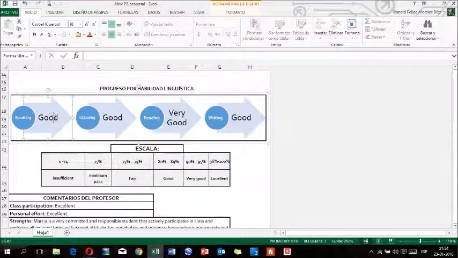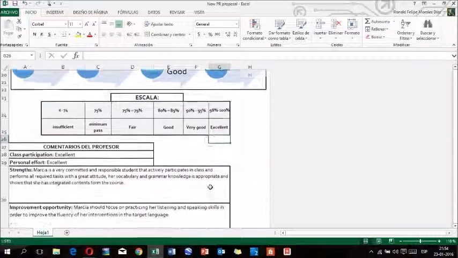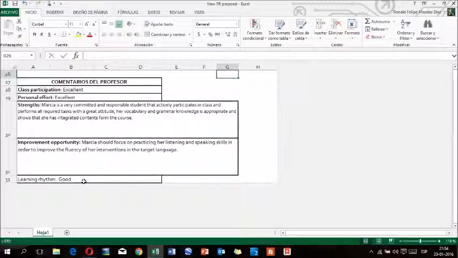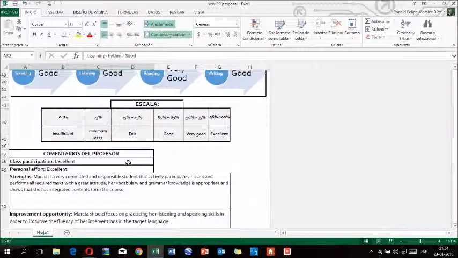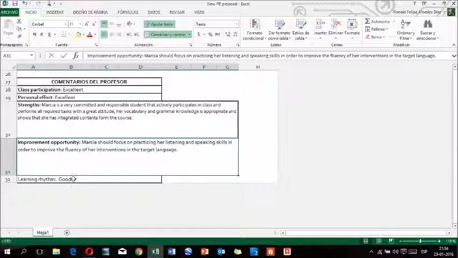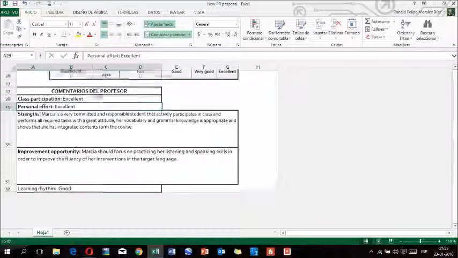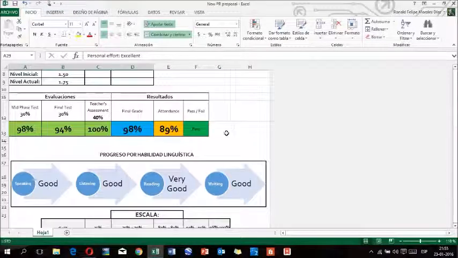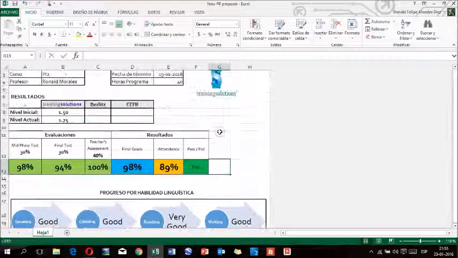Remember that this is something you edit here, and you choose the word that is more connected to how you think the student developed his skills. And same thing here, you use these descriptors in these categories in order to describe the student as best as possible.